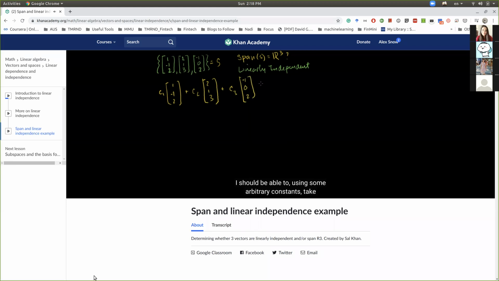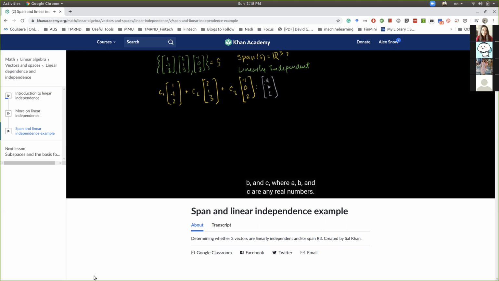I should be able to, using some arbitrary constants, take a combination of these vectors that sum up to any vector in R3. I'm going to represent any vector in R3 by the vector A, B, and C, where A, B, and C are any real numbers.